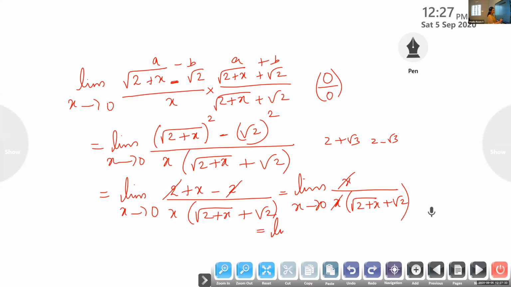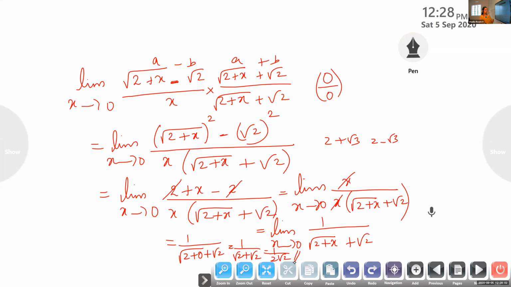So we'll get limit x tends to 0, 1 by root of 2 plus x plus root 2. Now substitute x as 0. When you put x as 0, 1 by root of 2 plus 0 plus root 2, which is the same as 1 by root 2 plus root 2, which is 1 by 2 root 2.